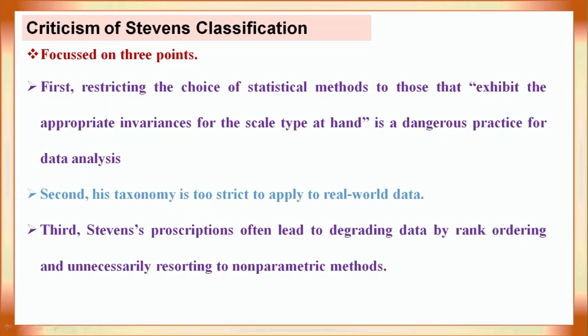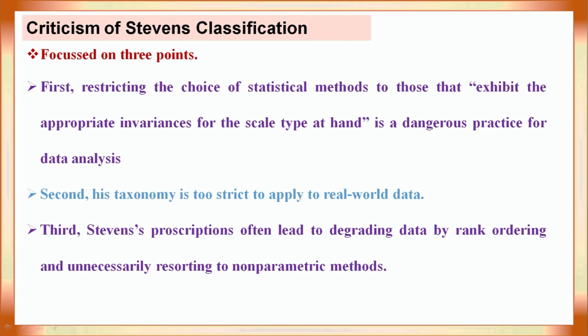Their simple argument is that they do not know where these numbers come from. So this imposition of labels basically restricts the statistical analysis. That is the main point of the criticism.